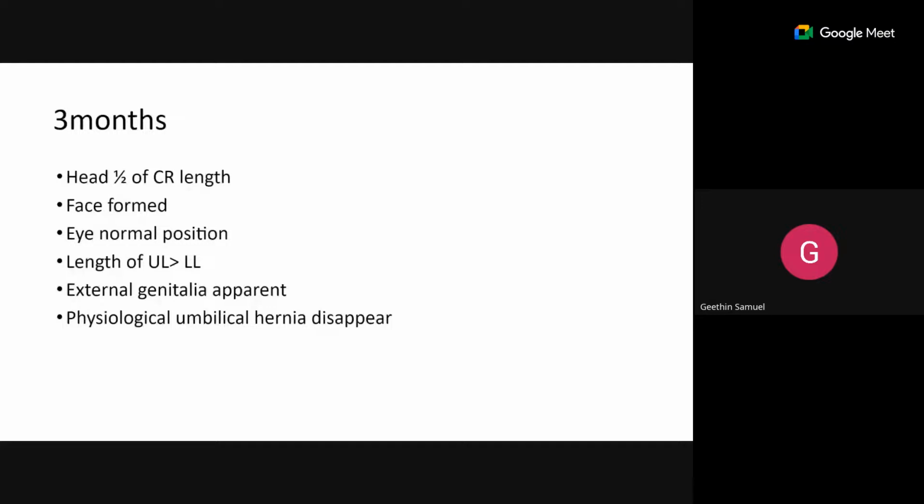The physiological umbilical hernia will be seen mostly in the 10th week. It will go inside the embryo by the end of the 12th week. If it persists, it is not normal. That is, if it is persistent still 12th week, it is called an umbilical hernia. The physiological hernia is needed because the gut grows faster than the abdomen. The lower part of the abdomen is late to form.